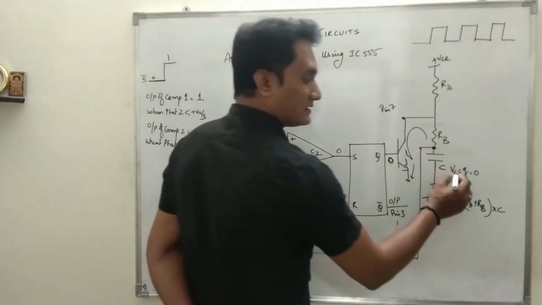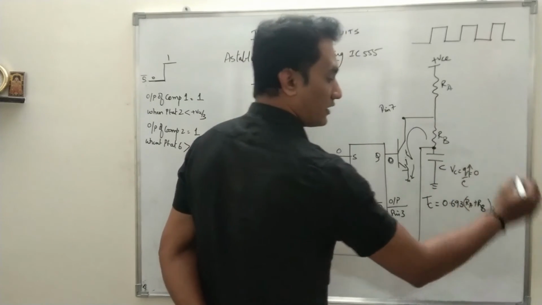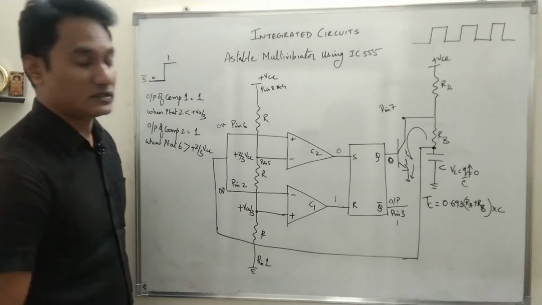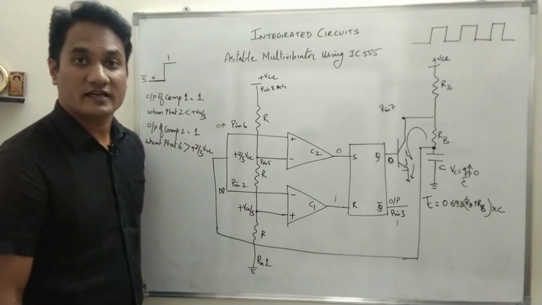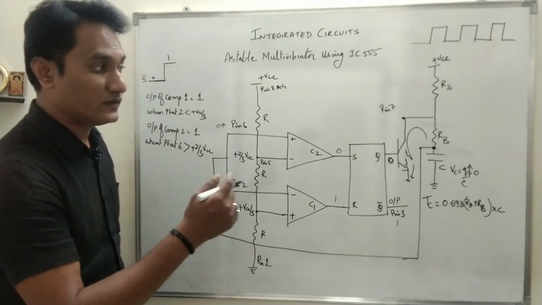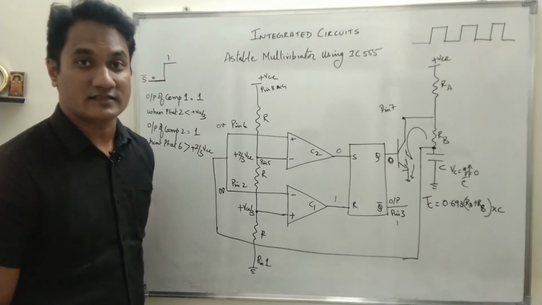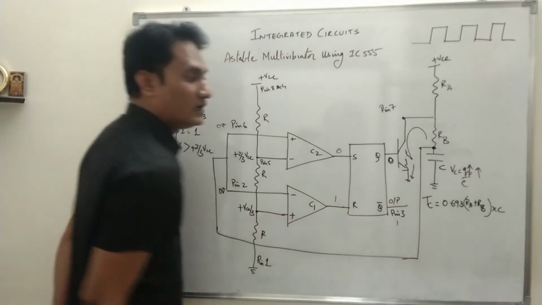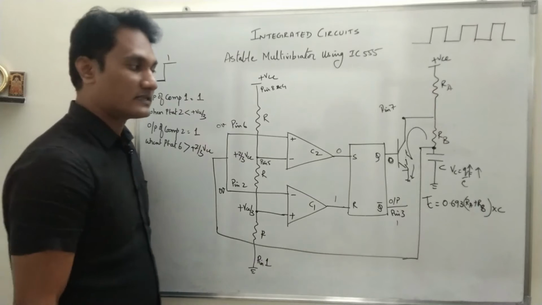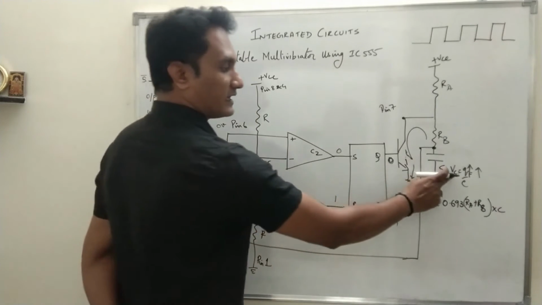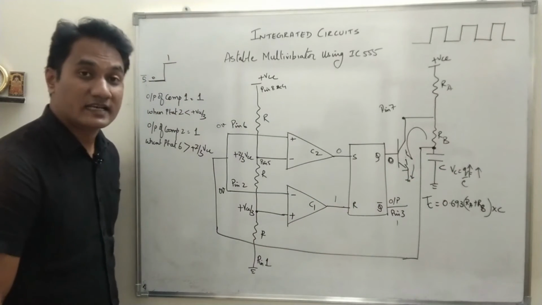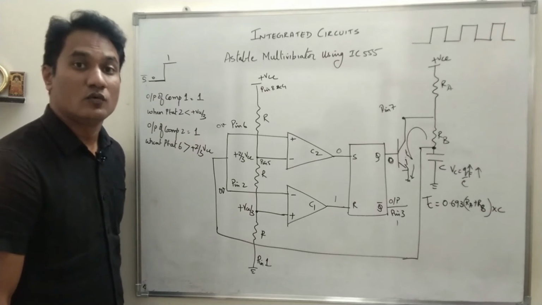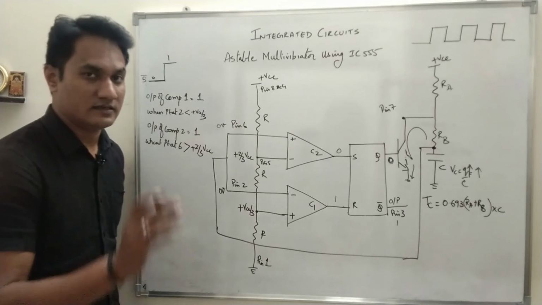So now capacitor is charging. That means charge is being stored in the capacitor, therefore Q will increase. When Q increases, voltage across capacitor, that is VC, will increase. Now at some point the voltage across capacitor will be greater than plus VCC by 3. See the condition.